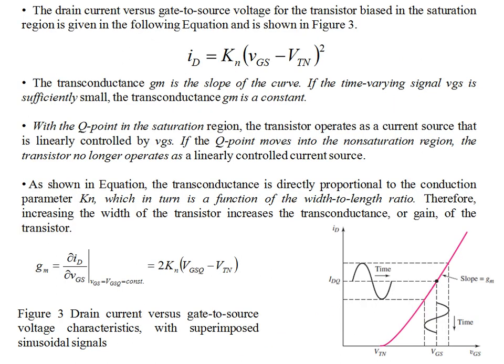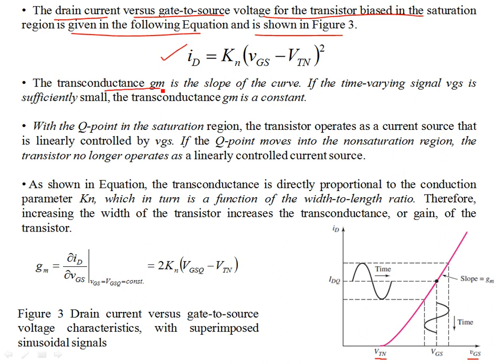All right. Now the drain current versus the gate to source voltage for the transistor biased in the saturation region is given in the following equation, shown in figure 3. This shows that the transistor starts conducting after the threshold voltage, and the conduction is quadratic with respect to VGS, given this relationship.